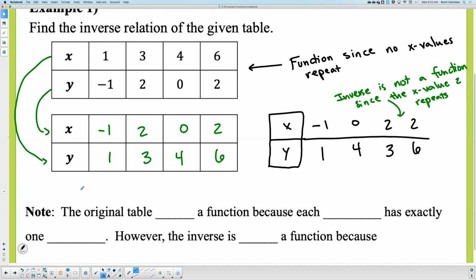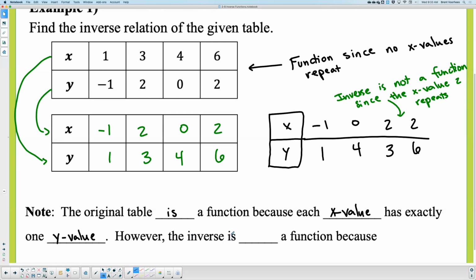So let's fill in this table. The original table is or is not a function? It is a function because each x value has exactly one y value. It doesn't repeat, having a second y value.